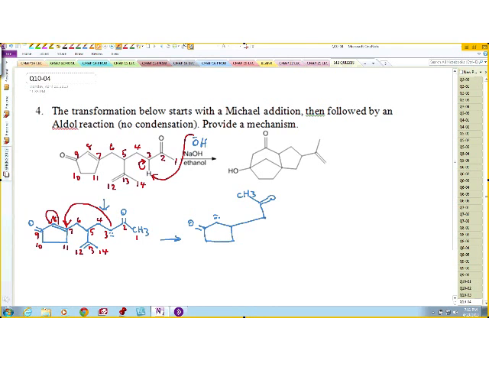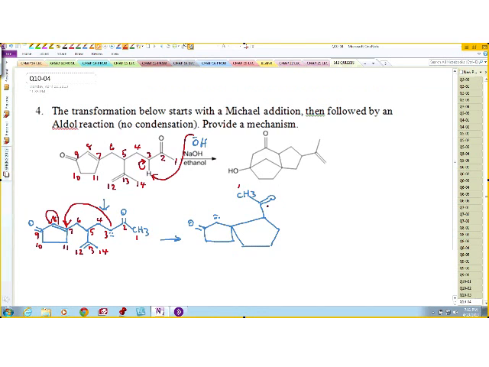Therefore we have the rest here. A 5-member ring will be formed. If you look at this, you are going to form a 5-member ring. This is 1, 2, 3, 4, 5. You join in 3 and 7. Okay, so let us go ahead and number this.